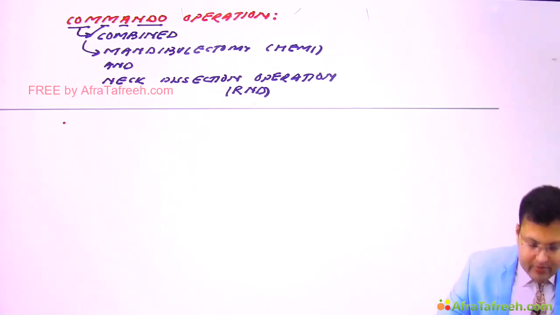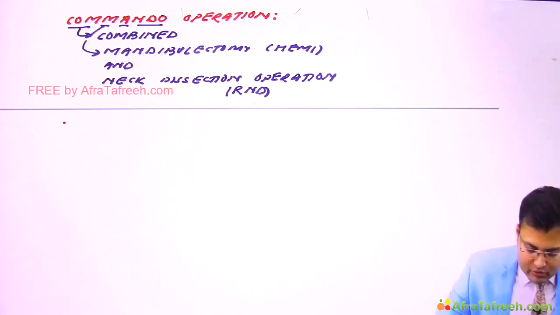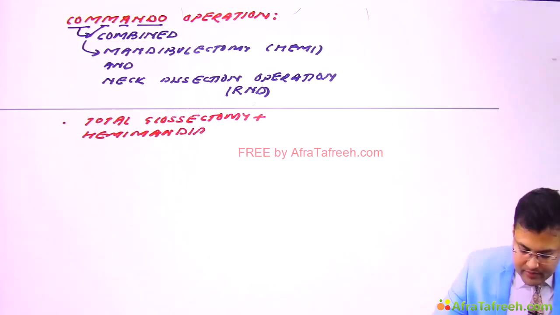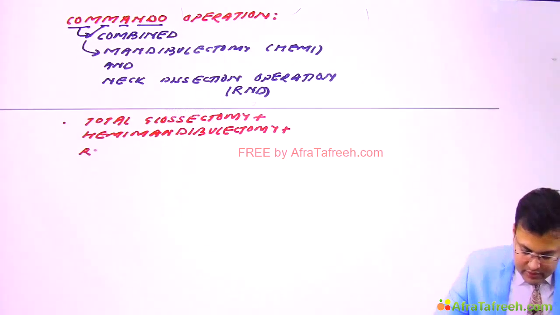If it's carcinoma tongue involving mandible and infiltrating the floor of mouth, then we will go for total glossectomy plus hemimandibulectomy, clear, plus resection or removal of floor of mouth.